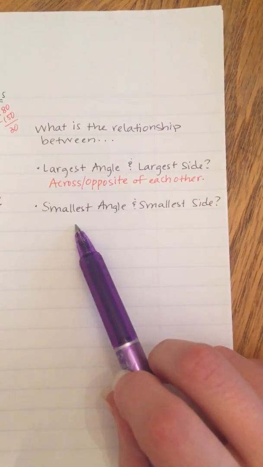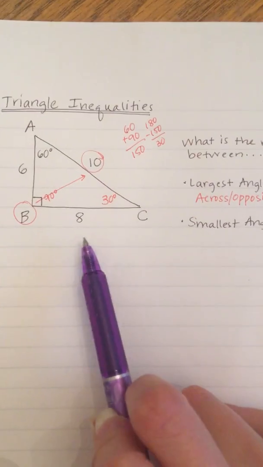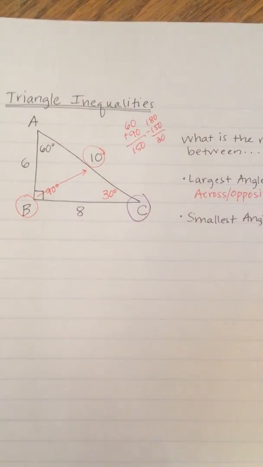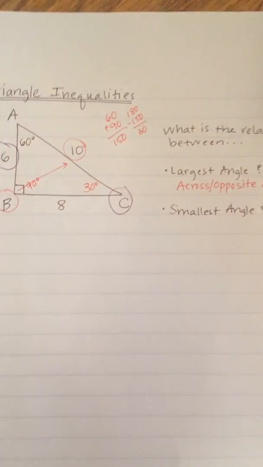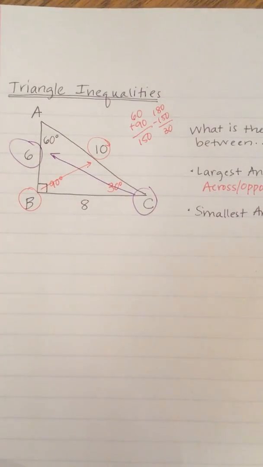So let's do the same thing now and look for the smallest angle and the smallest side. So the smallest angle is angle C, and the smallest side is side AB, and they are also across or opposite of each other.